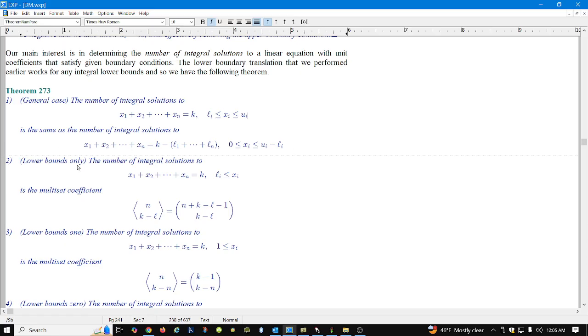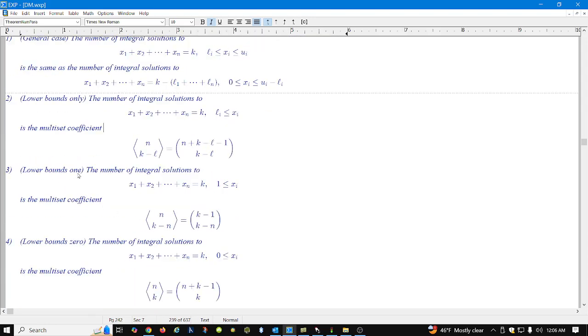Whatever you subtract from the variable, you have to add to the range of the variable. If there are lower bounds only and no upper bounds, so the boundary conditions just reduce to this, the number of integral solutions is the multiset coefficient n multi-choose k minus L. If the lower bounds are equal to 1, as we just got through talking about in that corollary, then the number of integral solutions to this equation is this multiset coefficient, n multi-choose k minus n.